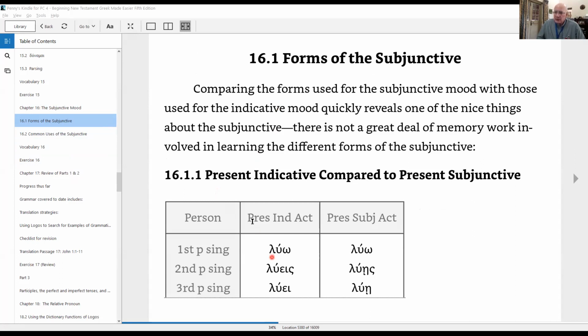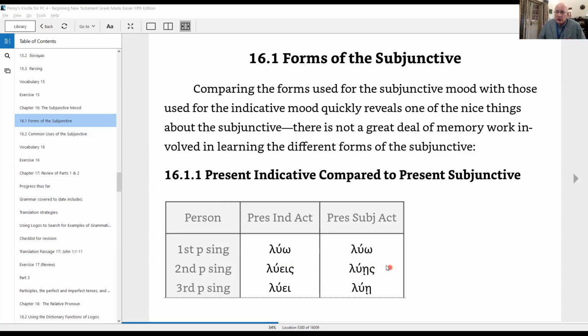Notice that with the present indicative and subjunctive, luo and luo look the same. And in a sentence in the Greek New Testament, it's often a question, is this a subjunctive or not? Because especially with a form like this, where it could be either one, the endings for both the subjunctive and the indicative are the same.